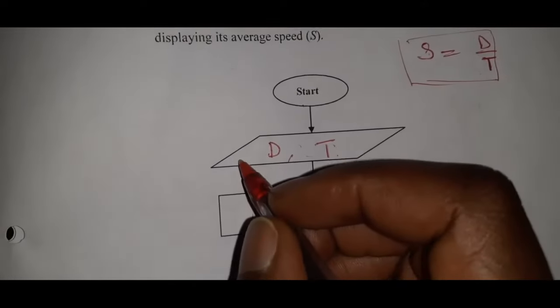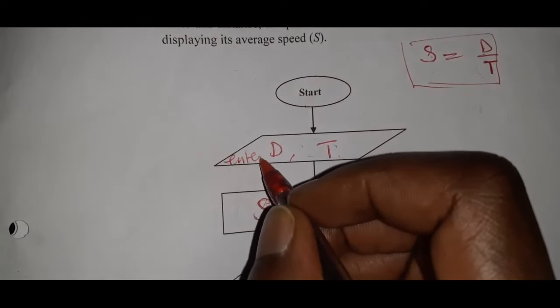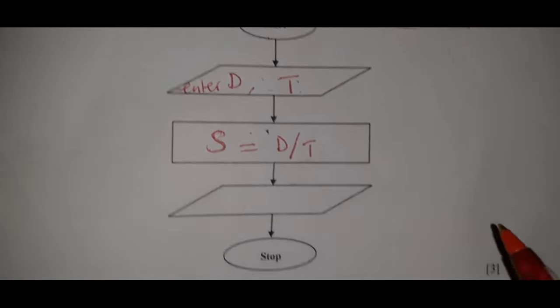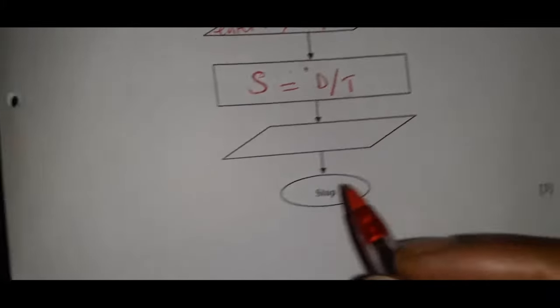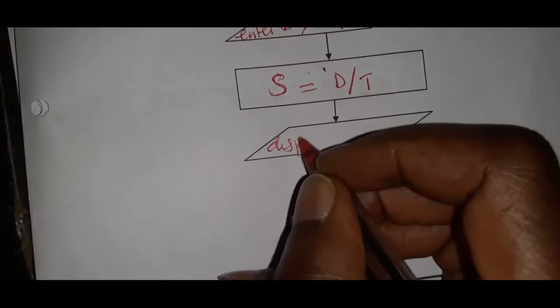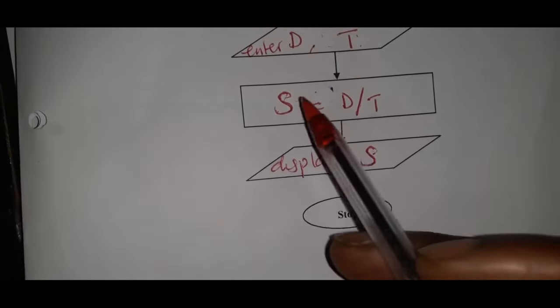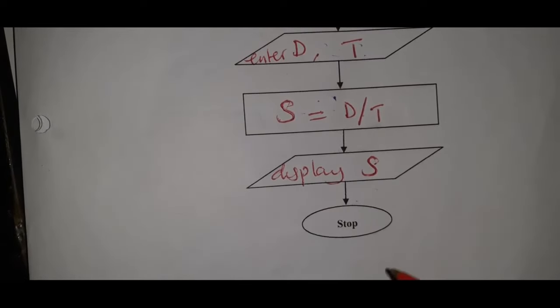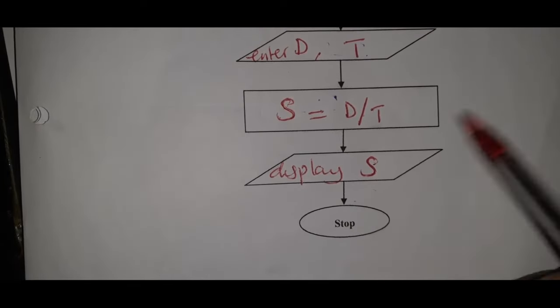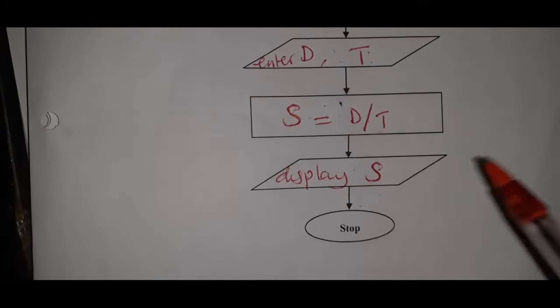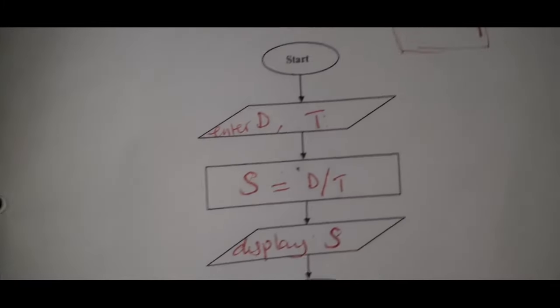Here you are supposed to say enter D and T. Then here you write it like that. And at this point we can say display S. What is our S? Speed. And this is what we're going to get. So these are the parts that you are supposed to complete here. That's all. Go to the next one.